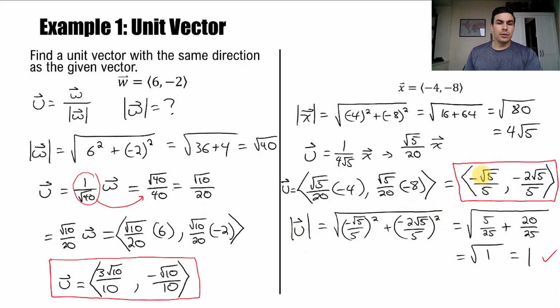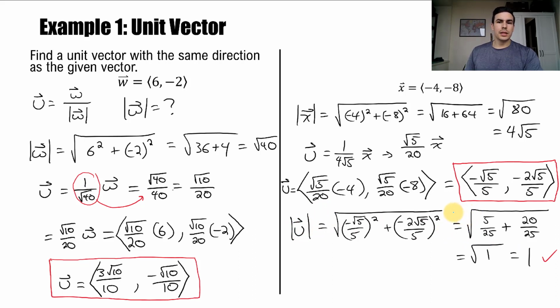If you find a unit vector here for x, well, what does the magnitude of u have to be? Well, it has to equal 1, right? So you can go ahead and find the magnitude of your unit vector, and if that is 1, then you have found the correct unit vector for whatever vector you were starting out with. All right, so a quick way to check your work, again, is just finding the magnitude of that unit vector.